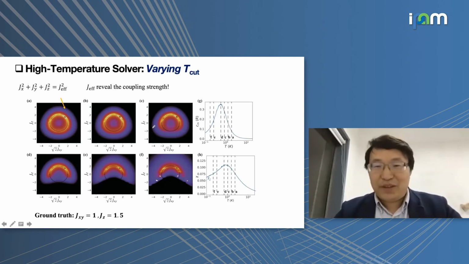When the Tcut decreases, we see something like symmetry breaking along the circle. When the temperature is low enough, you will always have two bright points. One is the ground truth, I mean the parameter we use to generate the data.